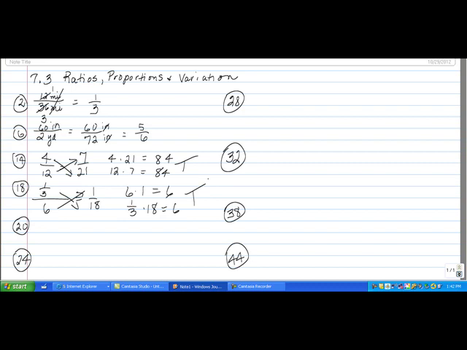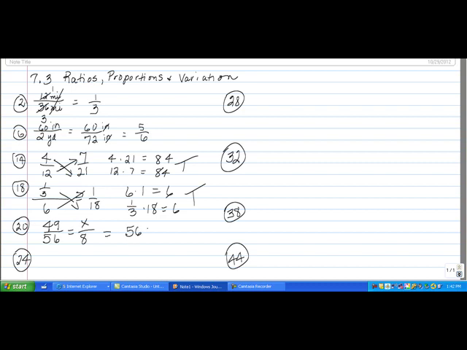Okay, in number 20 we're asked to solve 49 over 56 is equal to x over 8.